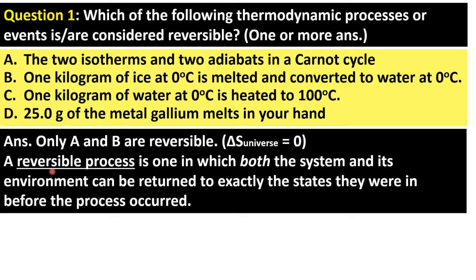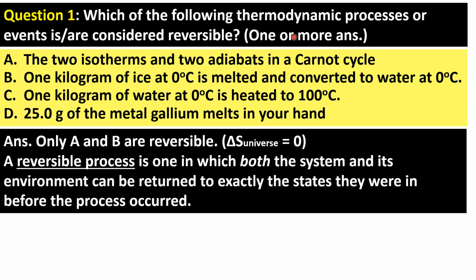Okay, so once again, we define what a reversible process is. It is one in which both the system and its environment can be returned to exactly the states that they were in before the process occurred.